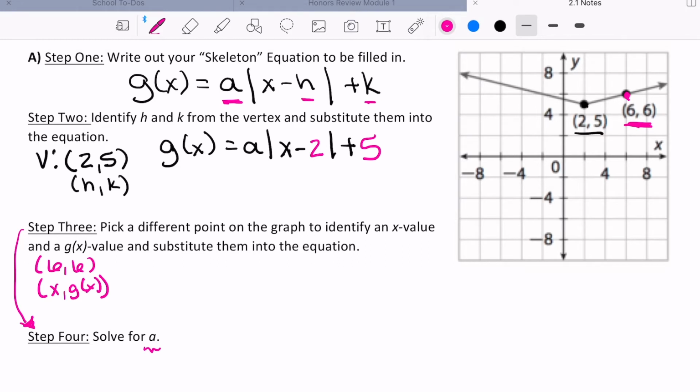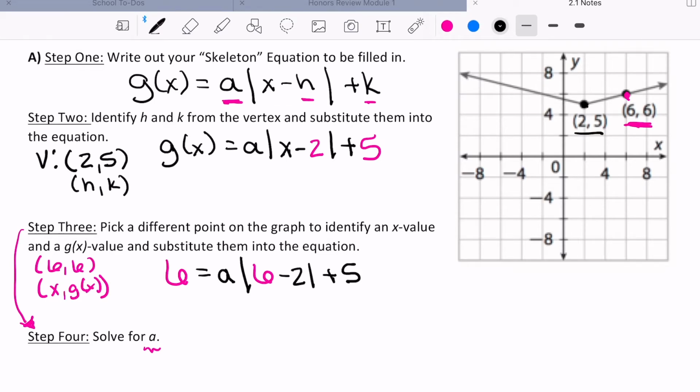So we're going to plug those into our skeleton equation, which means that it is now going to read 6 equals a times the absolute value of x, which is 6, minus 2 plus 5. And this is going to allow us to solve for a.